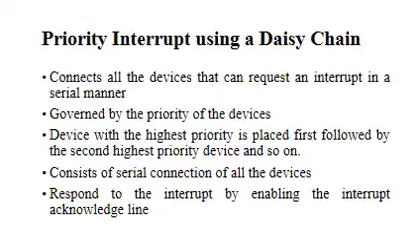This way of deciding the interrupt priority consists of serial connection of all devices which generate an interrupt signal. The device with the highest priority is placed at the first position, followed by lower priority devices, and the device which has the lowest priority among all is placed at the last in the chain.